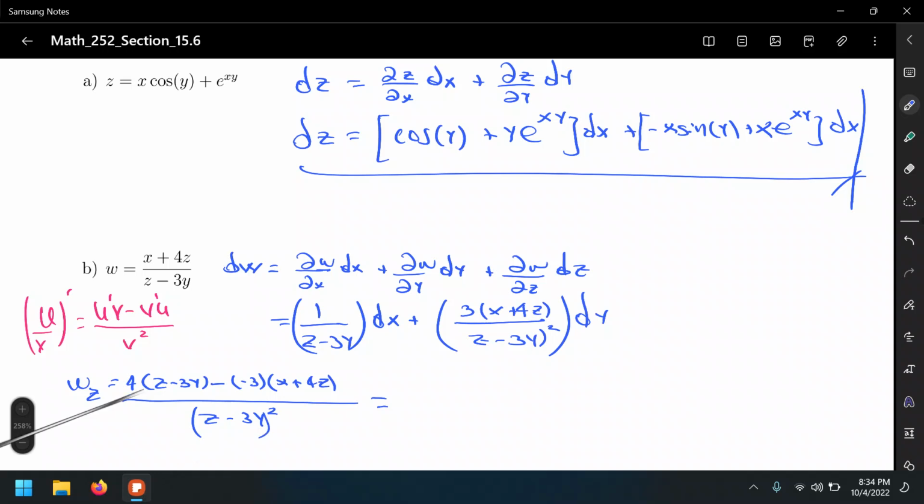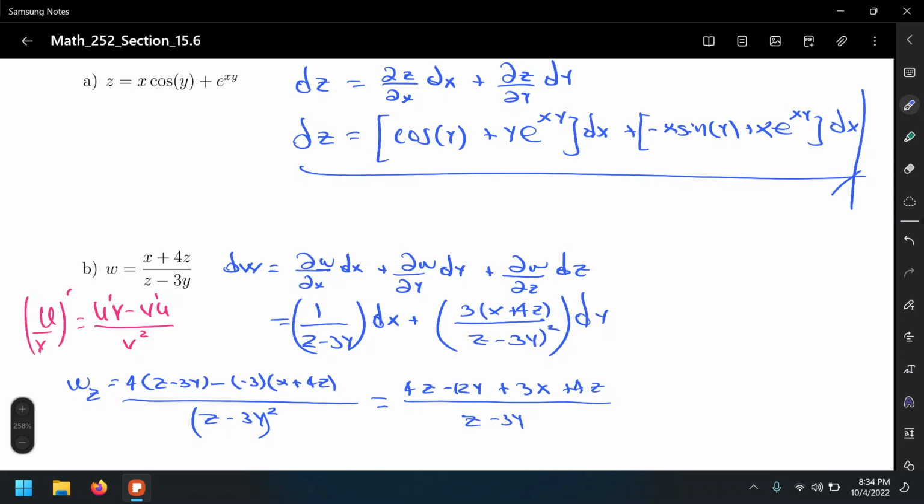So let's just simplify the numerator. That's 4z minus 12y, negative and negative, careful, that becomes a positive 3x, and that's also positive plus 12z. Oh, it's supposed to be 4z times 3, so 12z. Oh, it's only u, not squared, so it would be x plus 4z, and this is just v without squaring.